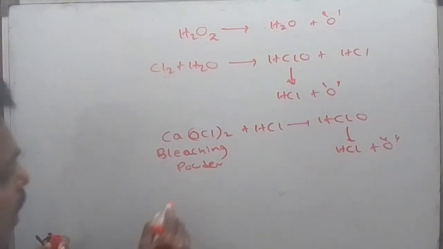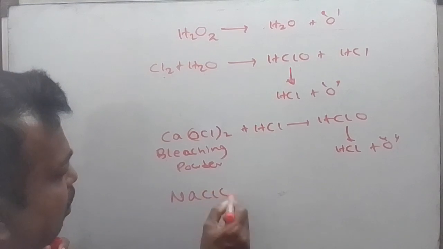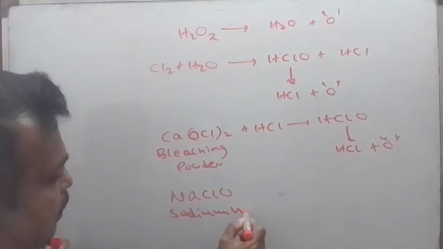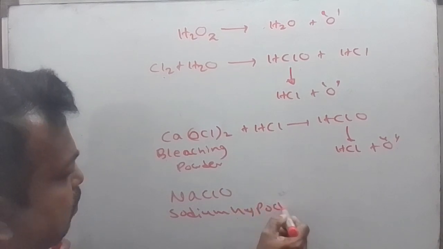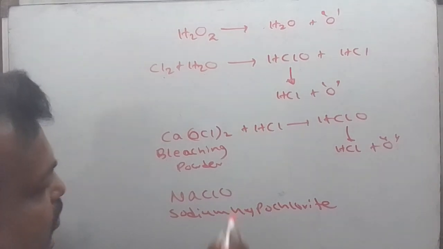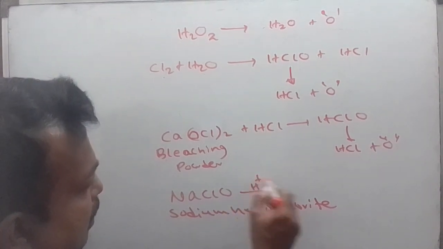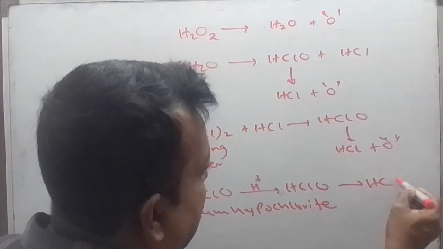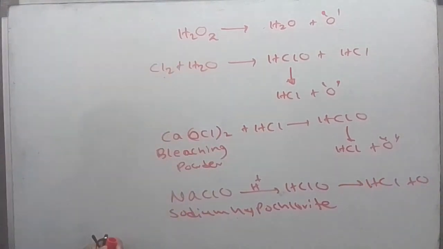Right? The other one is NaClO, sodium hypochlorite. So, in the acidic medium, it turns to HClO and turns to HCl and atomic oxygen.